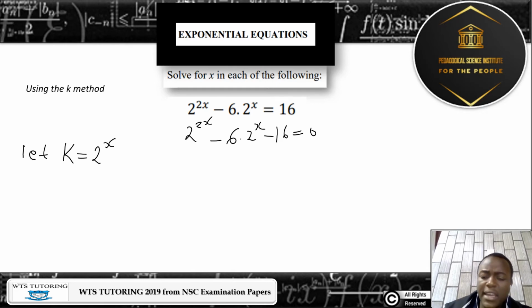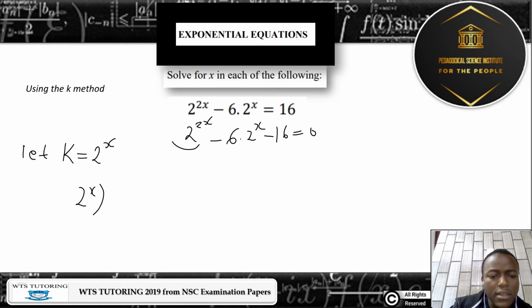So if my k is 2 exponent x, what will be 2 exponent 2x in terms of k? We can see they just say 2x, then they squared it, so 2 exponent 2x will be the same as k squared, right?